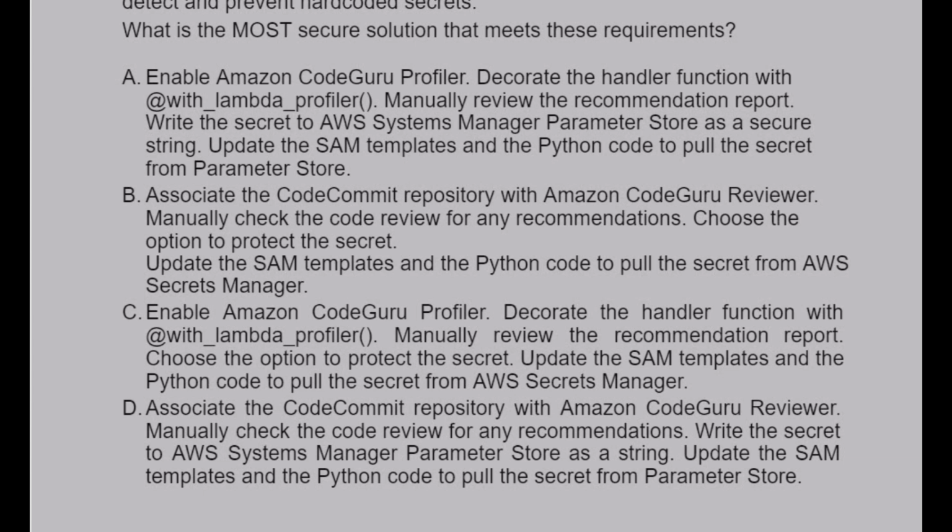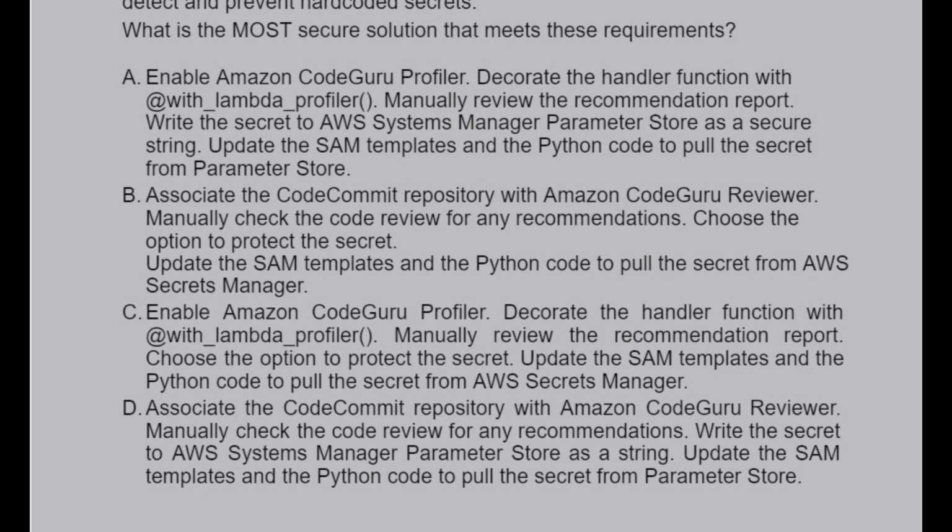Option C. Enable Amazon CodeGuru Profiler. Decorate the handler function with @with_lambda_profiler function. Manually review the recommendation report. Choose the option to protect the secret. Update the SAM templates and the Python code to pull the secret from AWS Secrets Manager.